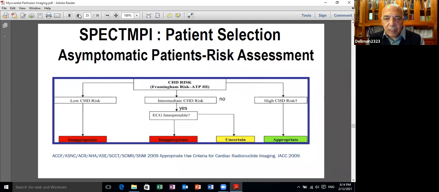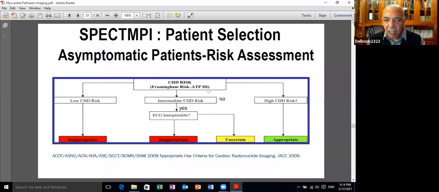Now these are the patients who are asymptomatic. Again, this is from the appropriate choice criteria, which tells you what's reasonable. These are not the guidelines, so they cannot be used in answering the examination. But let us go through it. Because these patients are asymptomatic, we cannot use the Duke's criteria or exercise them. We can use the pooled cohort equation or the Framingham risk equation.